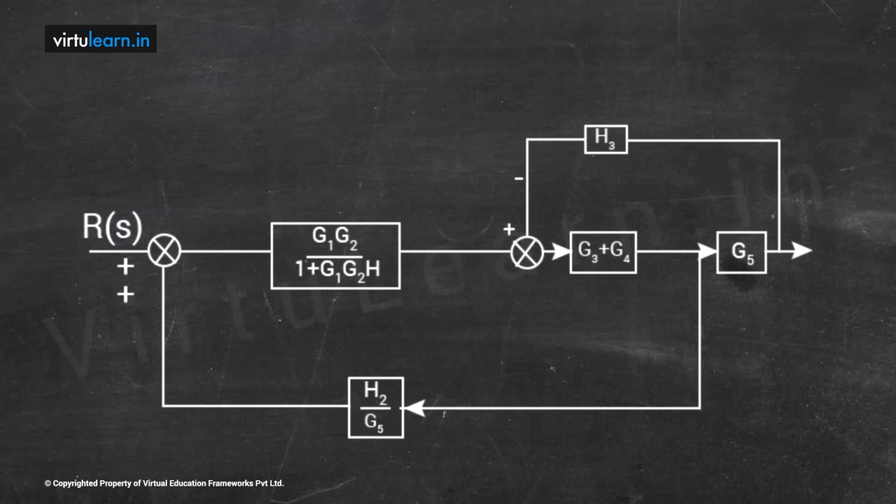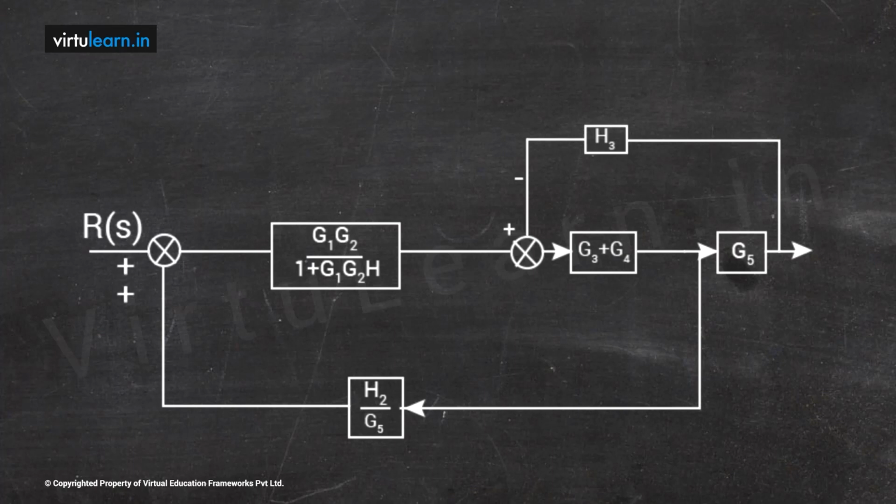So G1 G2 is like G and H1 is like H, and whenever you have negative feedback, it is G by 1 plus GH. So if you use that rule, then I will get one block transfer function by eliminating the G1, G2 block, H1 block and summing point. Then coming to the other side of it.